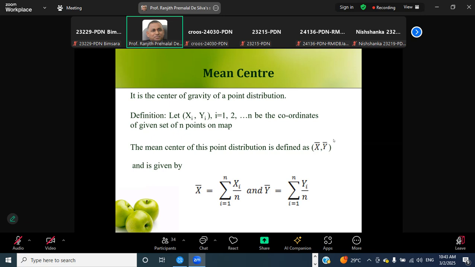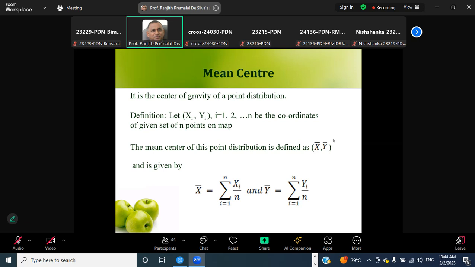So the definition: let xi and yi, i goes from 1 to n, be the coordinates of a given set of n points on the map. The mean center of this point distribution is defined as x bar, y bar, and given by the summation of xi divided by n, where i goes from 1 to n, and y bar is the summation of y values divided by n, again i goes from 1 to n.